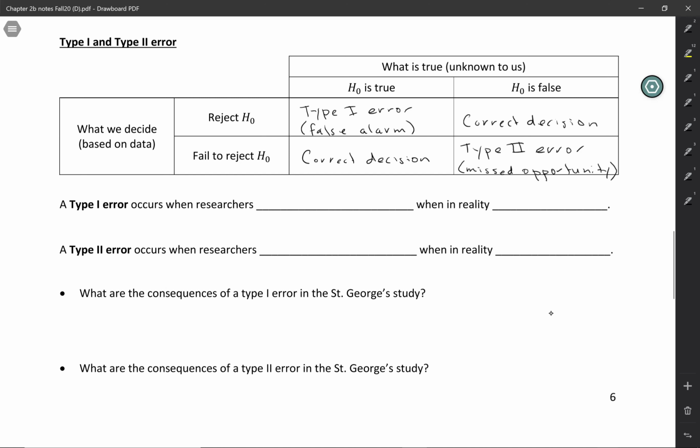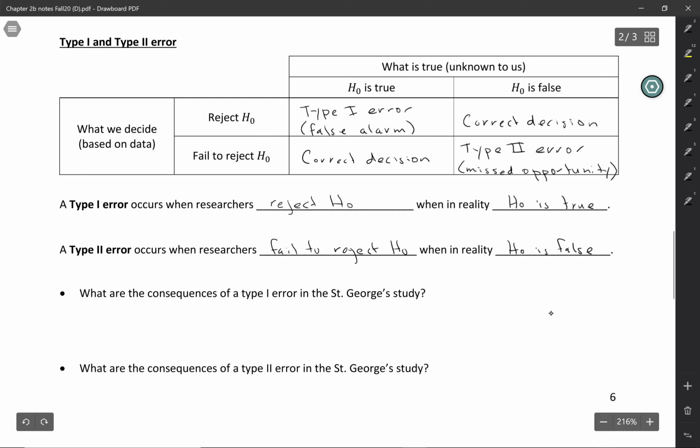So some people like this table, some people like it in sentence form, so I'm going to write it both ways. A type 1 error occurs when researchers reject the null hypothesis, when in reality, the null hypothesis is true. A type 2 error occurs when researchers fail to reject the null hypothesis, when in reality, the null hypothesis is actually false.